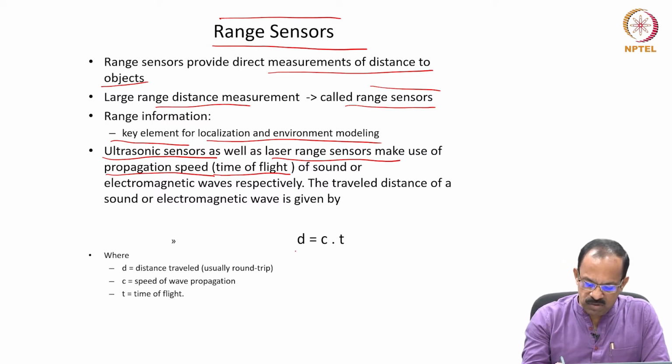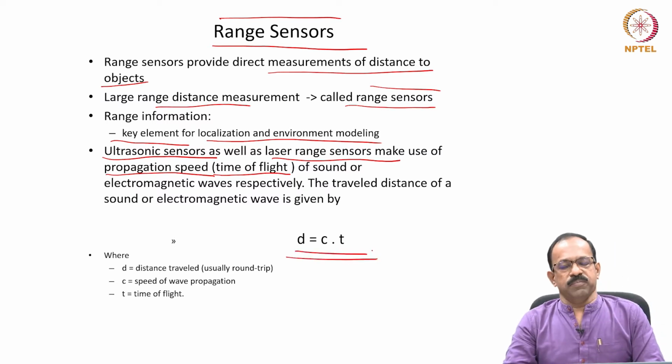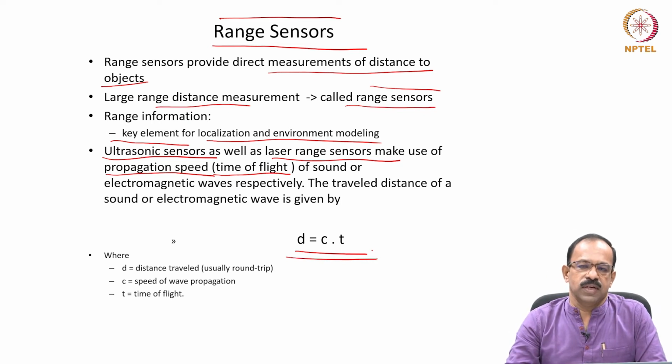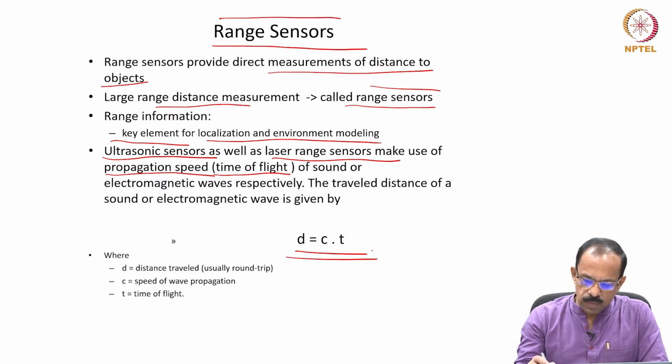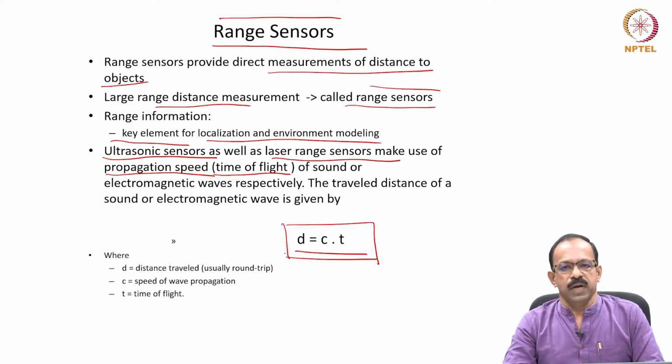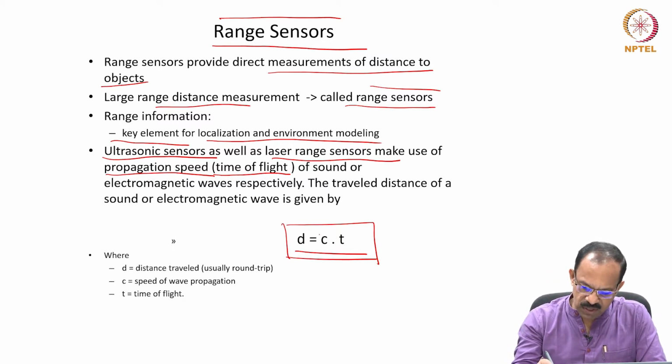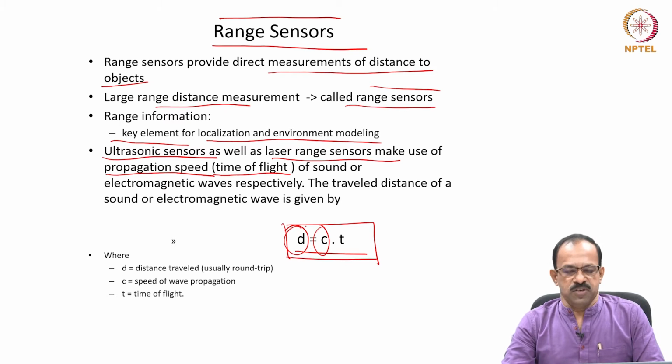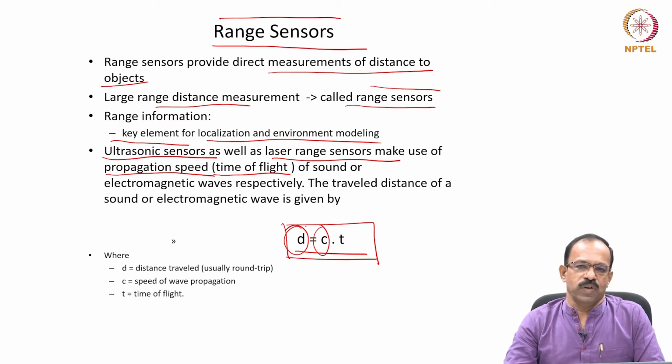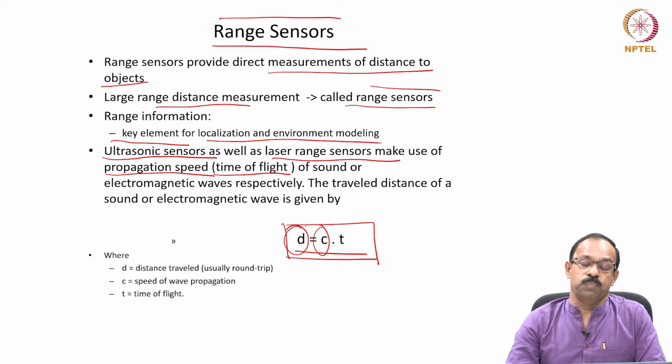As you know, the principle is that D is equal to C multiplied by T, whether it is a sound signal or a laser signal, where D is the distance travelled, C is the speed of wave propagation, and T is the time of flight. A sound wave or an electromagnetic wave or light wave has its own speed in the medium.